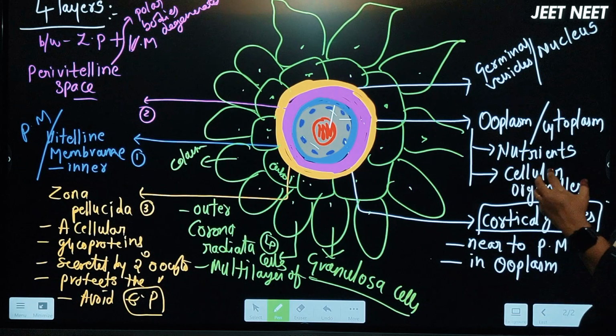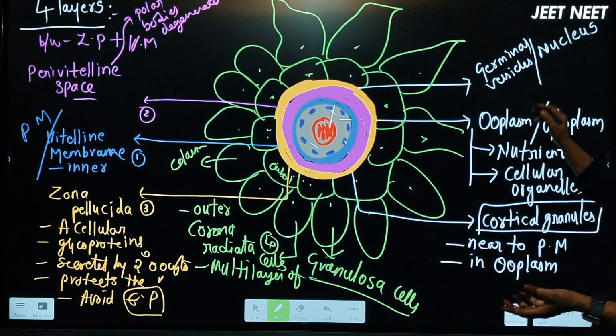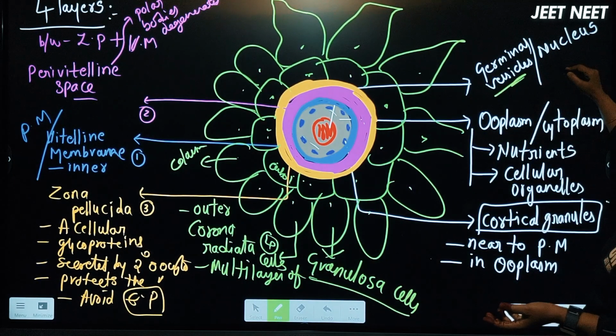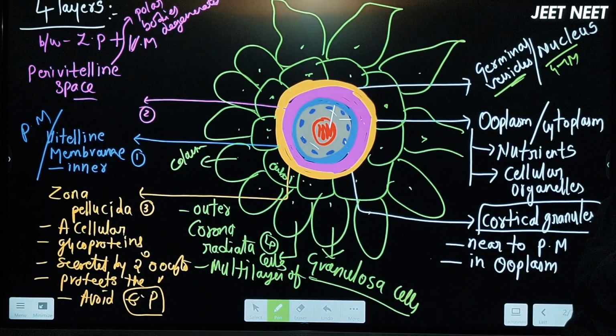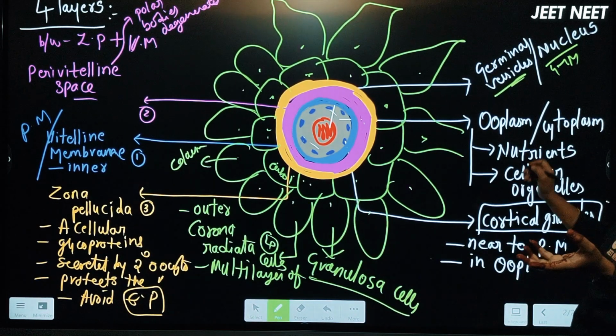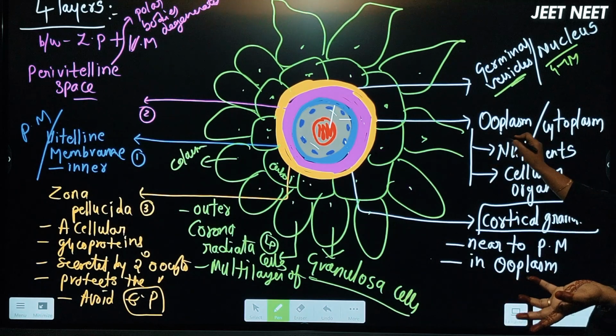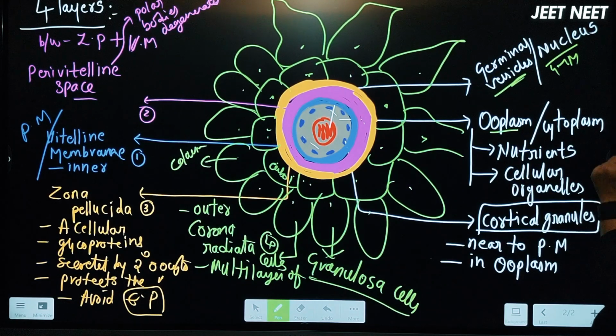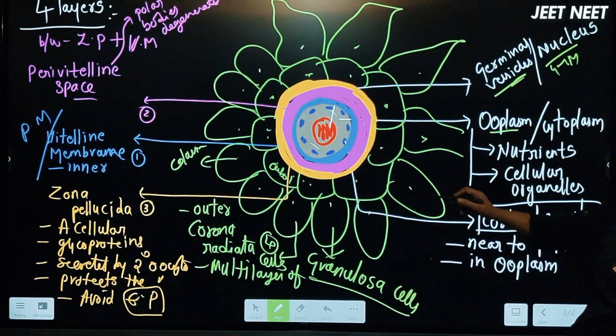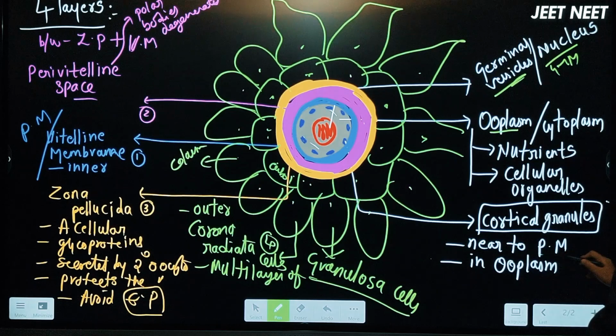Okay, if I go through the importance of everything now: first, the nucleus, also called the germinal vesicle, contains the genetic material. In the ooplasm only we will have this nucleus, surrounded by the nuclear membrane, and the ooplasm has nutrients and cellular organelles. As I told you, the cortical granules are present near the vitelline membrane in the ooplasm.